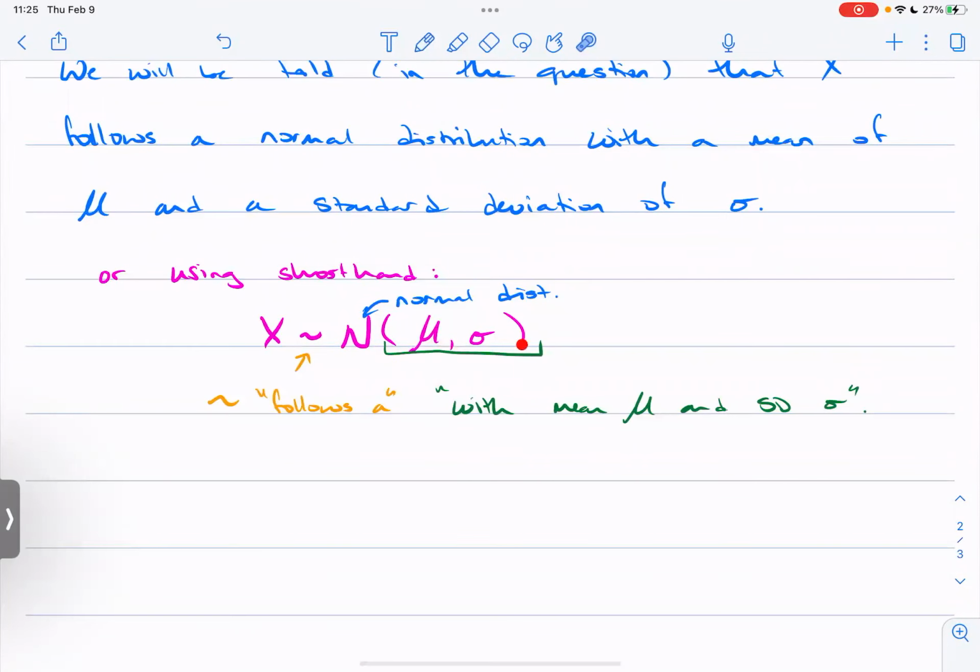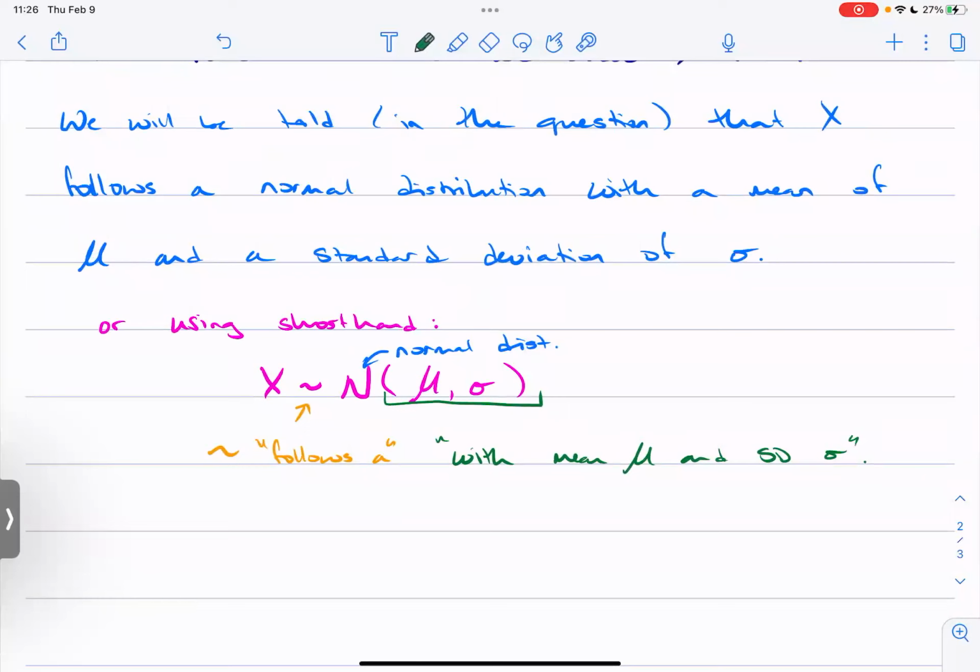X follows a normal distribution with mean mu and standard deviation sigma. Kind of did it like a sing song there, read up and down.